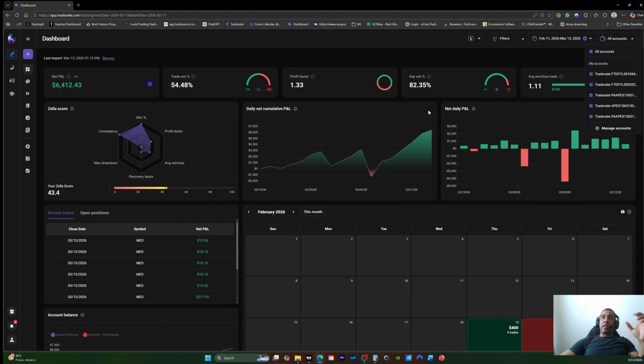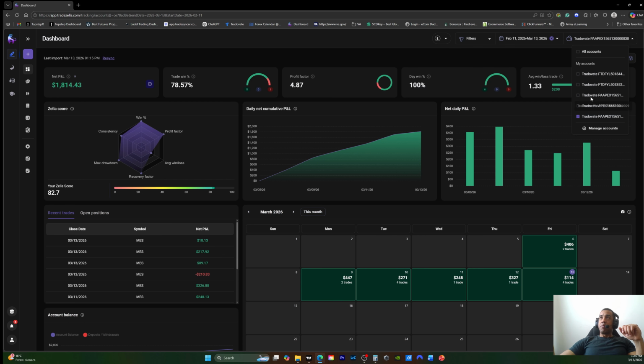It's still not bad, but the profit factor is only 1.33 and win percentage 54. But on this account that I'm tracking, I'm trying to stay a lot more disciplined.